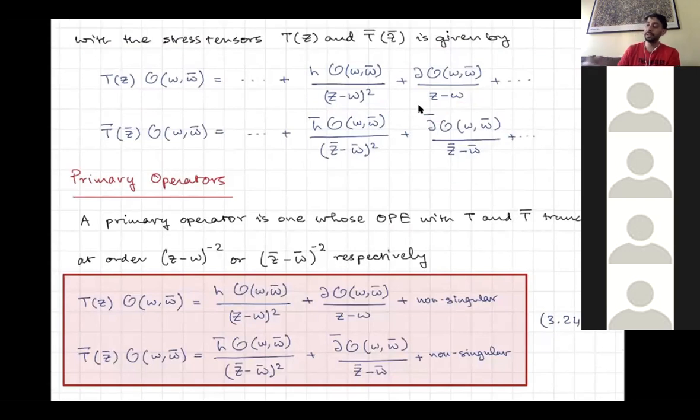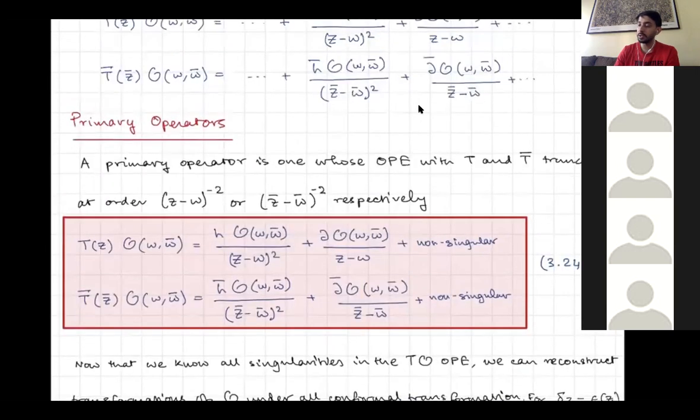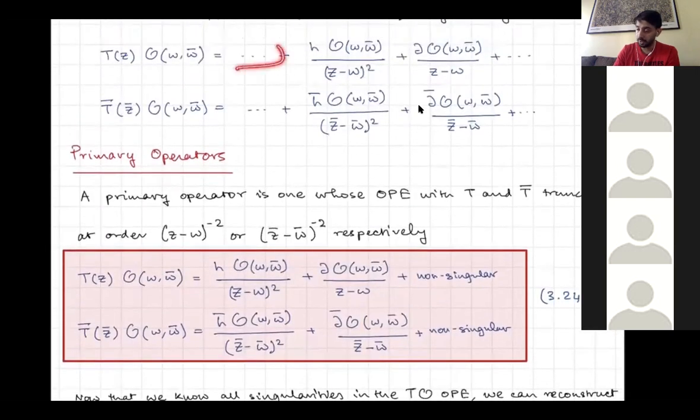Now we define the notion of primary operators. You see that there were dots out here. These were extra terms that you could have when you're looking at any sort of arbitrary operator. But we said that we were going to focus on things called primary operators, and for these, the dots will not be there.